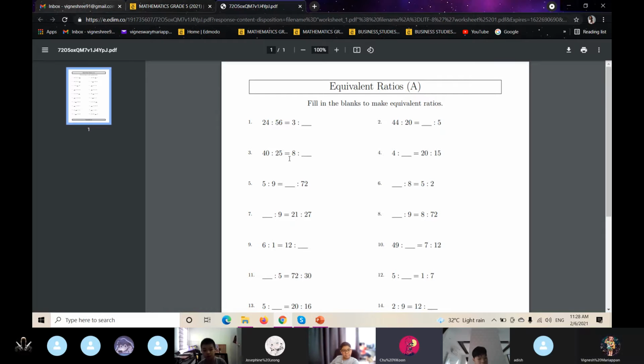I divide by 5. Yes, you know how to explain. Okay, let's say the first for 40 is already given 8. So 40 divide 5, we will get 8. So 25 also you need to divide with 5 to get the answer here. So 25 divide 5 is equal to 5. Understand, Fiona? Understand, teacher. Okay, very good.